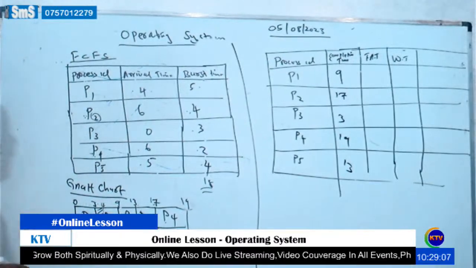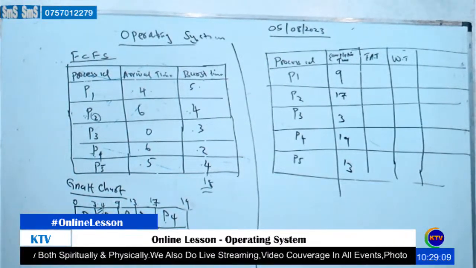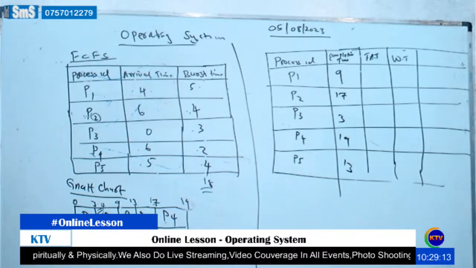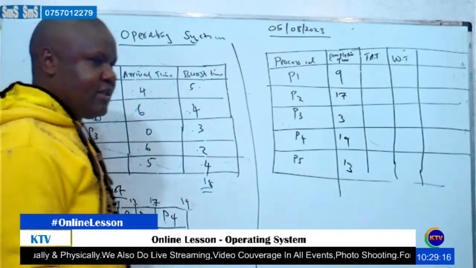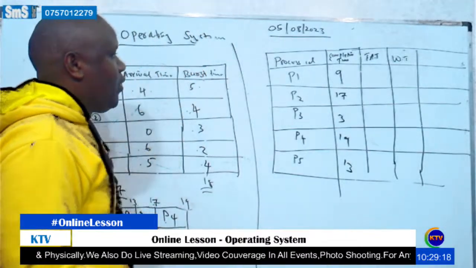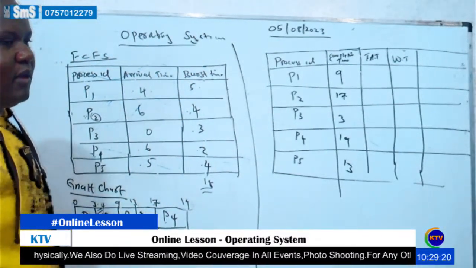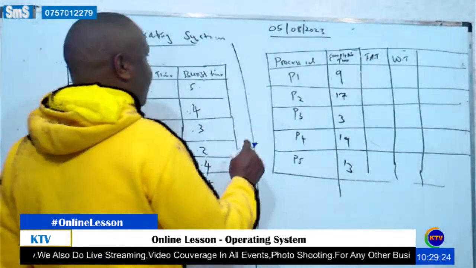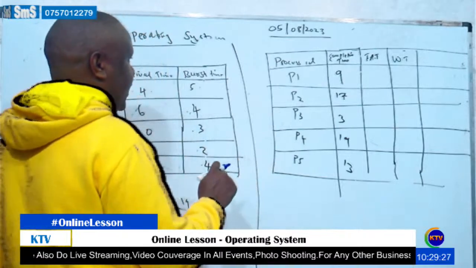So, what is the turnaround time for process 1? How do we get the turnaround time? Turnaround time is completion time minus arrival time.